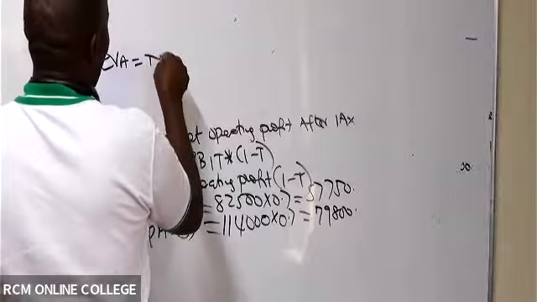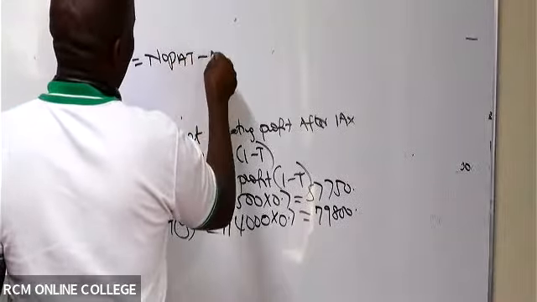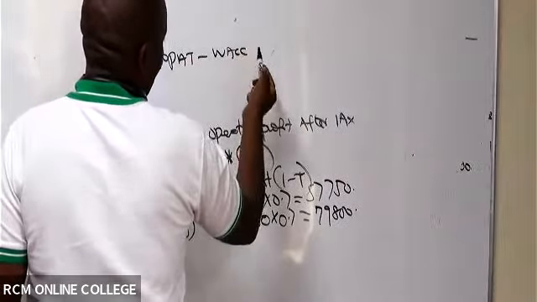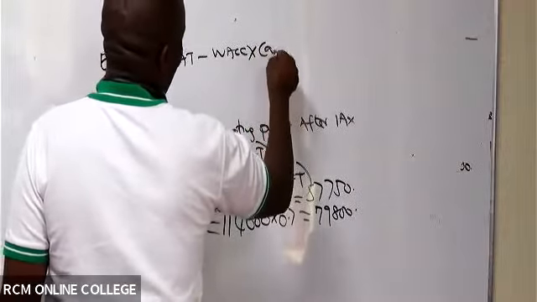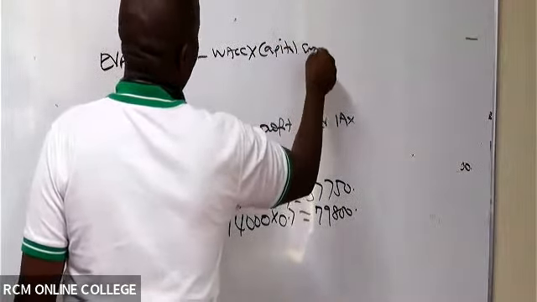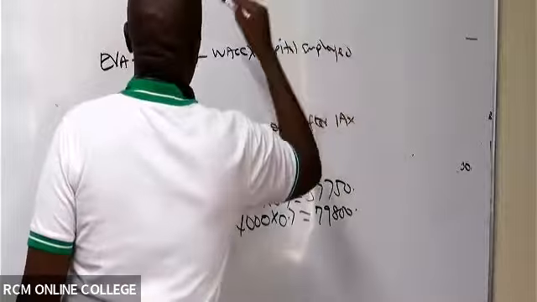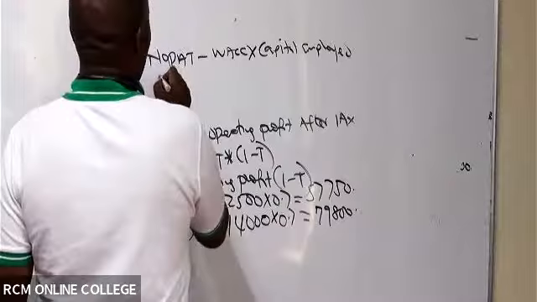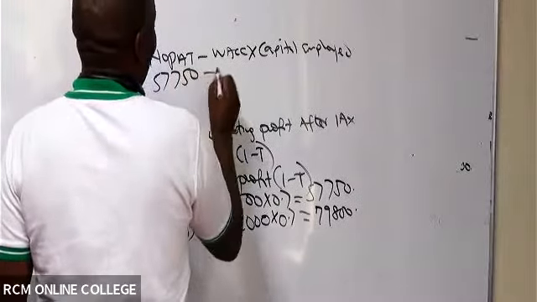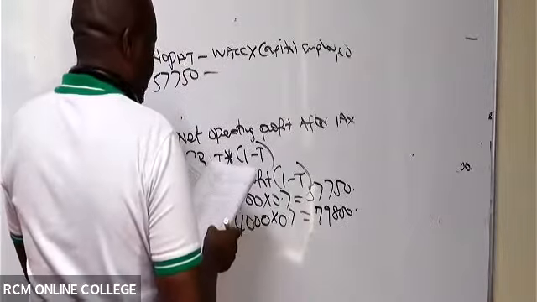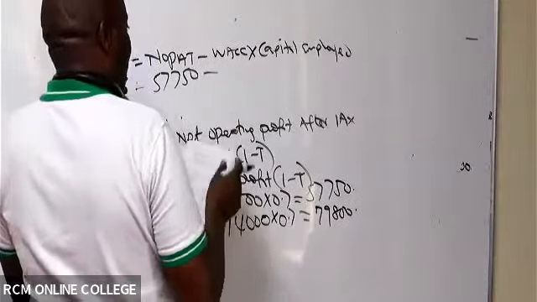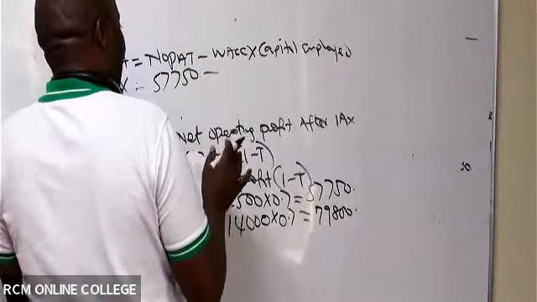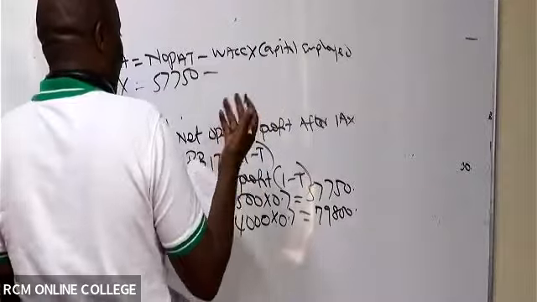The EVA formula, of course, we know it is NOPAT minus WACC, if it is there, times capital employed. For X, NOPAT is 57,750. We don't have WACC here, but had they given us cost of equity and cost of debt, they would tell us to compute WACC.